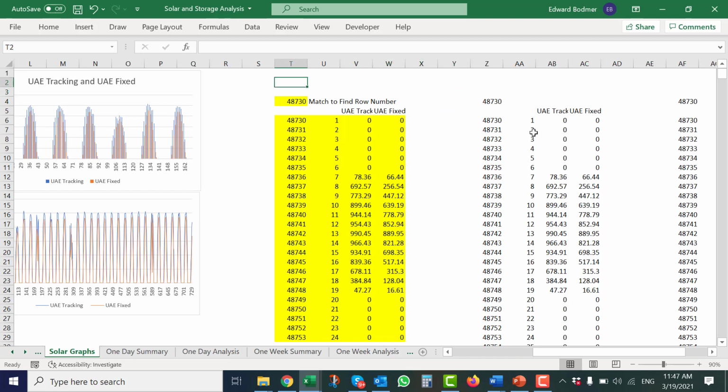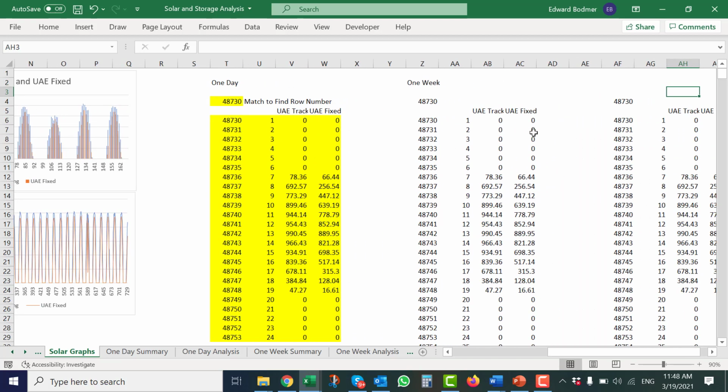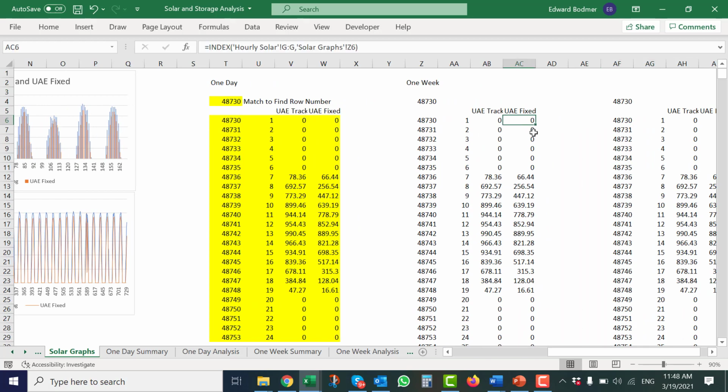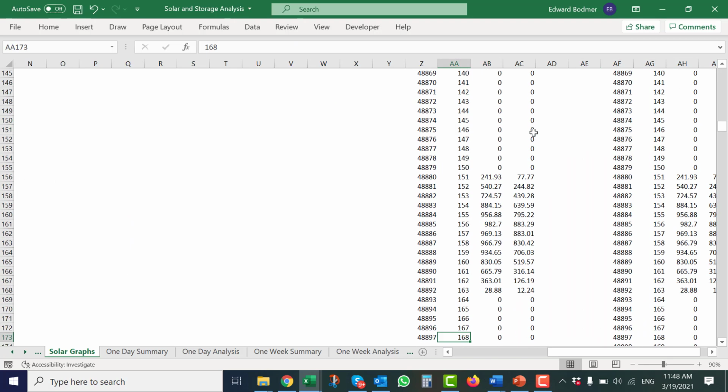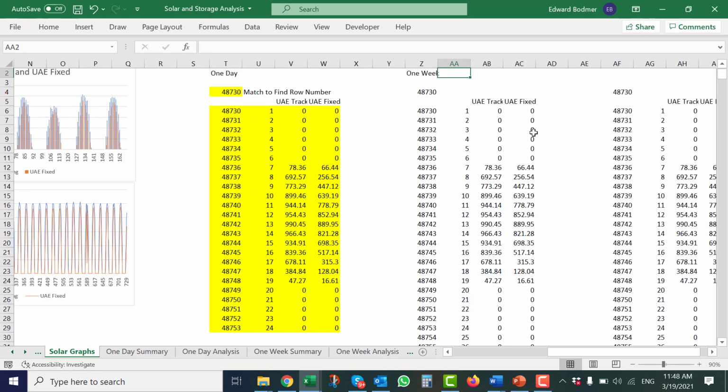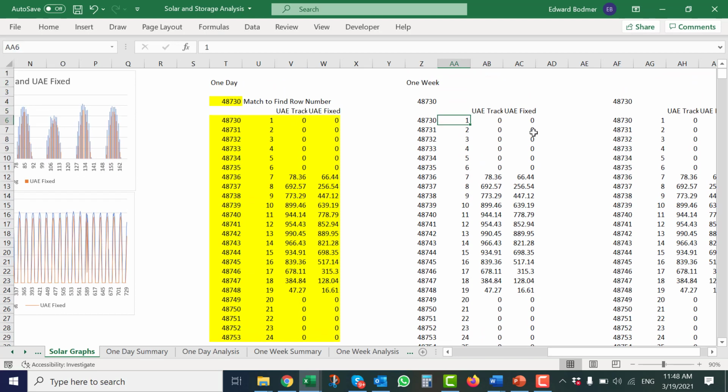We put 1 day, and 1 day, and then over here we put 1 week, and then over here I went all the way down because a week always has 168 hours. That's 7 times 24, and then 1 month.